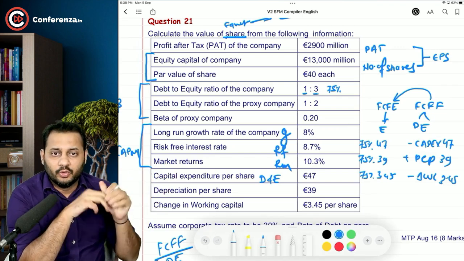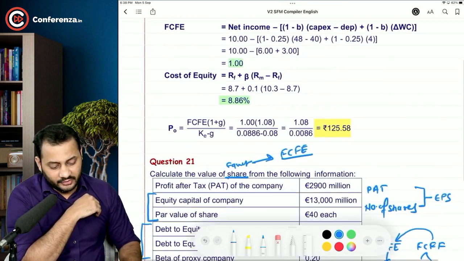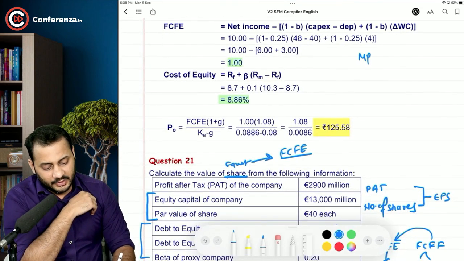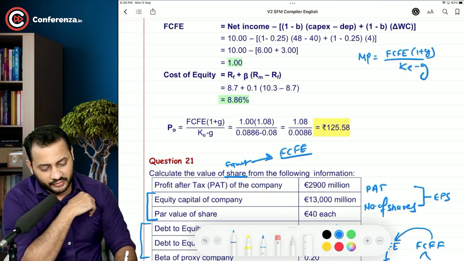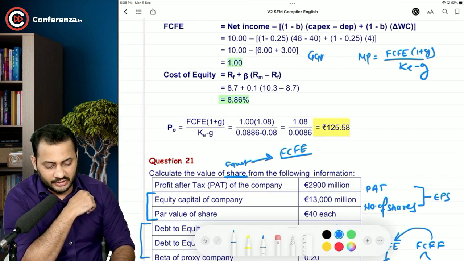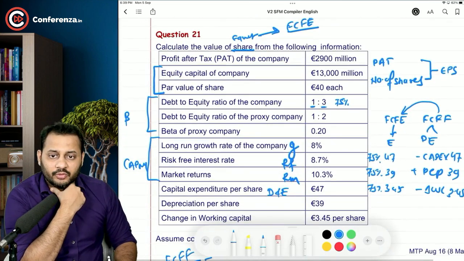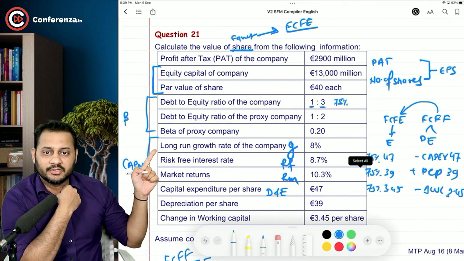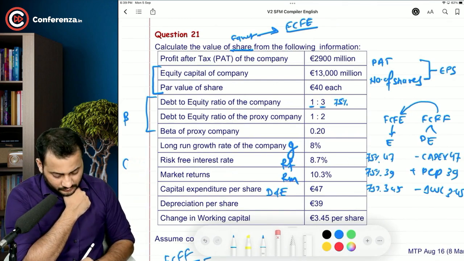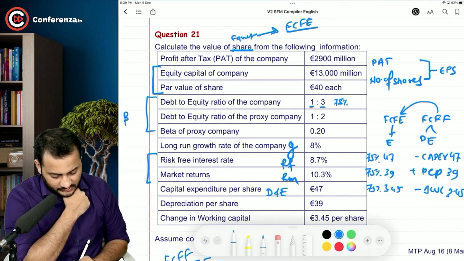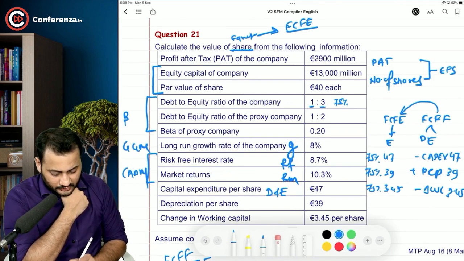So looking at the entire picture, there are 3 to 4 steps. Market price of the equity share will be calculated as free cash flow to equity into 1 plus growth divided by cost of equity minus growth, using the Gordon's growth model, because the growth rate is given here. See, 8%. So this is related to CAPM and this is Gordon growth model.